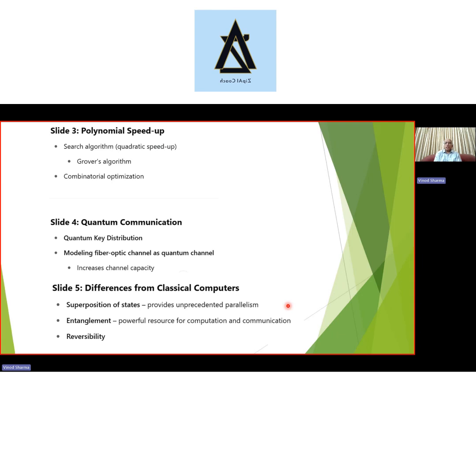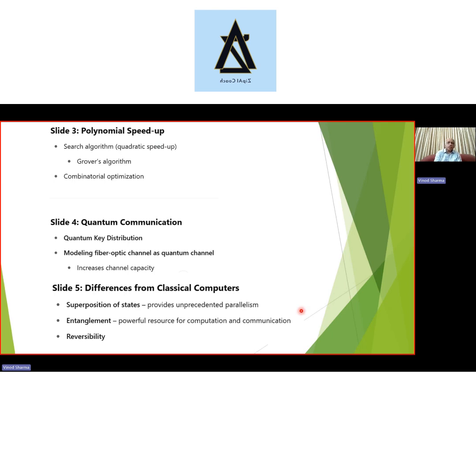If you want n times the parallelism, then you need at least n hardware channels. However, in quantum computers, using a single piece of hardware, you can in fact get a very large amount of parallelism. And this is indeed a very, very important reason why quantum computers are so powerful compared to classical computers.